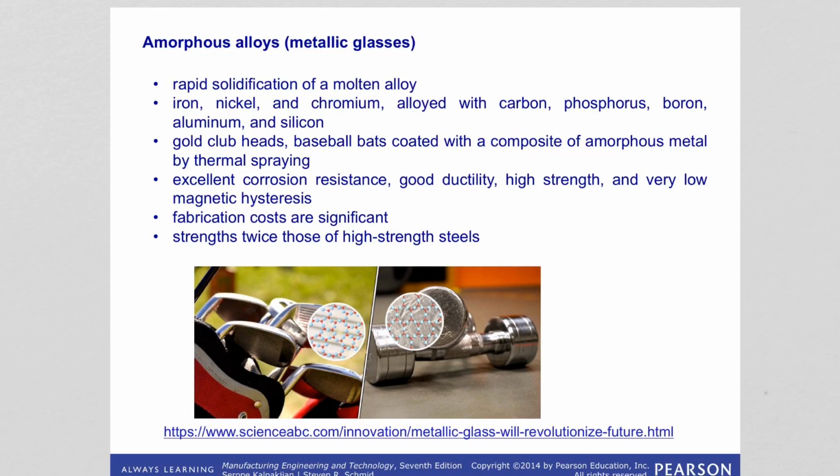Glasses have a random arrangement of atoms. That's why they are transparent. Because this structure interacts with light this way, it gives a transparent view, because the light enters and goes through the material because of this random arrangement of atoms. That's why glasses are amorphous, and that's why amorphous alloys are also called metallic glasses.